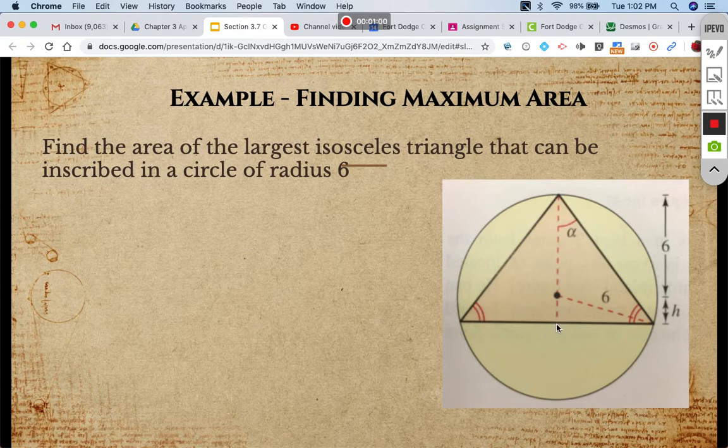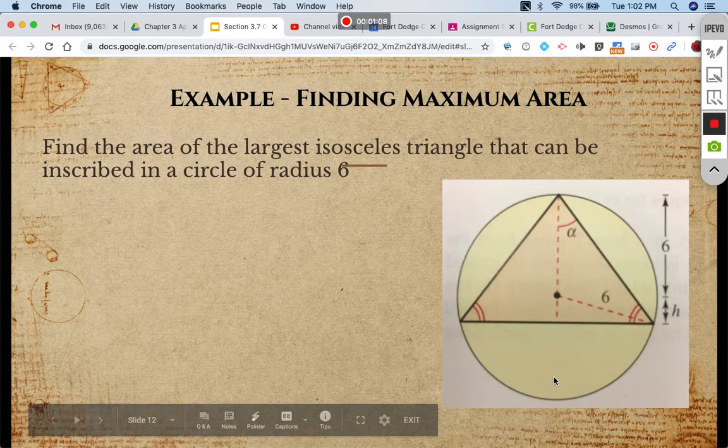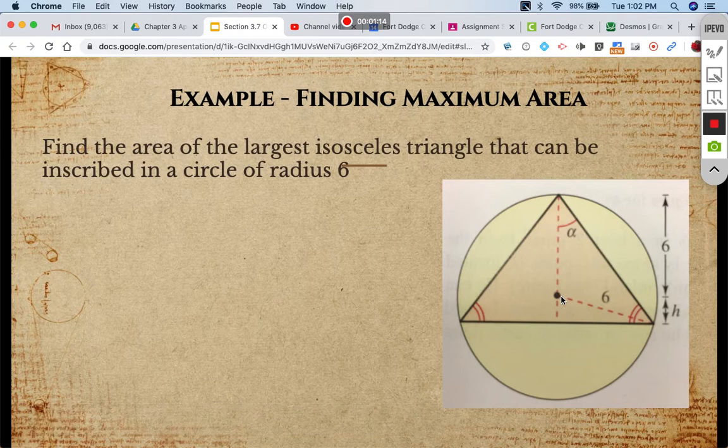And here the altitude is going to be, in this case, 6 plus h, because what's going to change is how far down we're taking this, or how far up we go this way, if you want to look at it that way. So take a look at this one, give it a try.